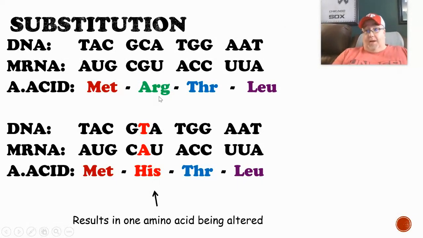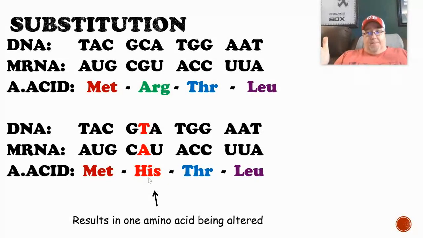It should be arginine. It's now histidine. So that shows you right away that now that amino acid chain, which is part of our protein, is now incorrect. So that either leads to the protein getting built incorrectly, or maybe sometimes the cell won't build it at all if there's these incorrect instructions. Okay, so there's your substitution. There's one example of a gene mutation.